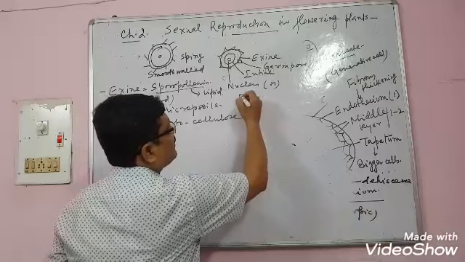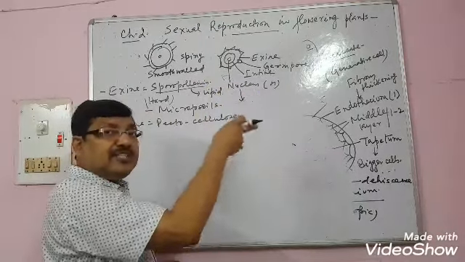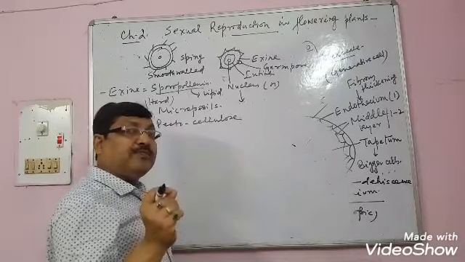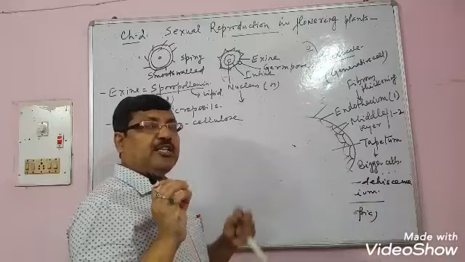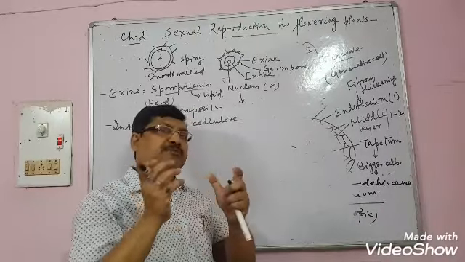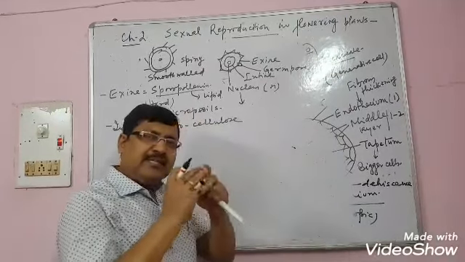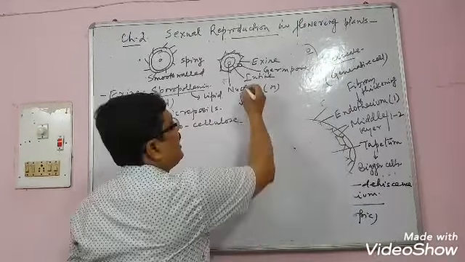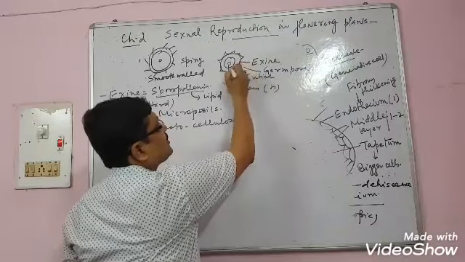So when this pollen grain will land on the stigma of the gynoecium, the stigma will secrete the sugary fluid, which is composed of mainly fructose, and then the exine will rupture and pollen tube will come out through this.